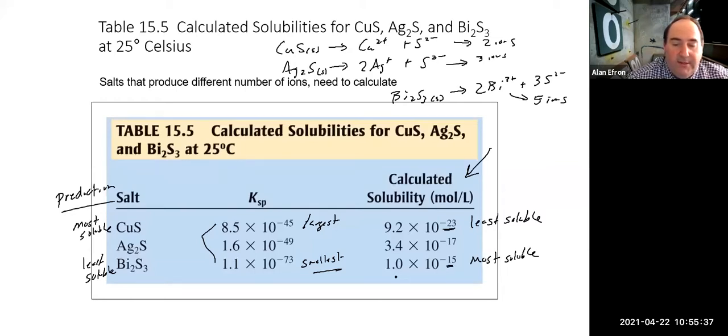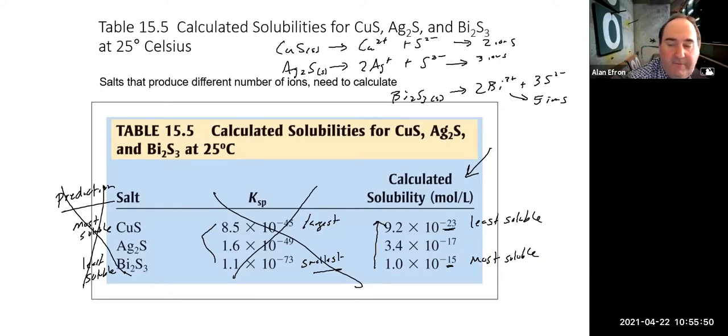So the solubility is actually the opposite in order. That is why, when you are comparing things that do not break apart into the same number of ions, you should never use the Ksp values. You have to do a calculation like we just did to figure out which one would be more soluble and which one would be least soluble. Any questions on that?